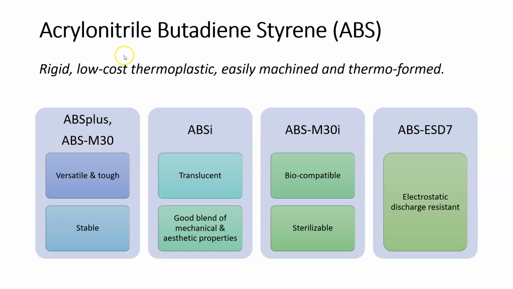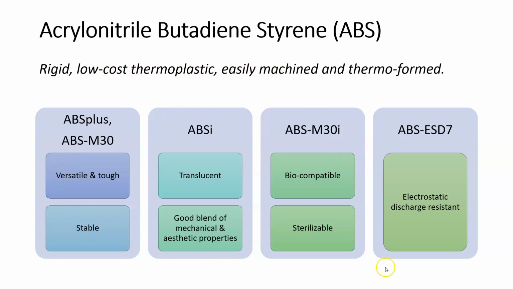So, one of the main plastics is the ABS plastic, which is known as acrylonitrile butadiene styrene. Okay, that's a mouthful. It's a rigid, low-cost thermoplastic, easily machined and thermoformed.